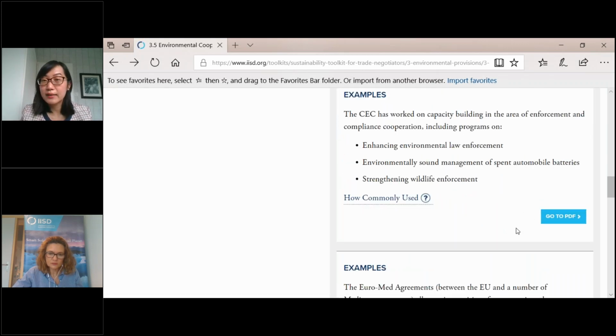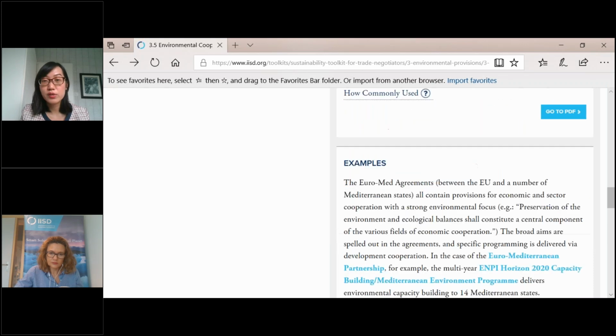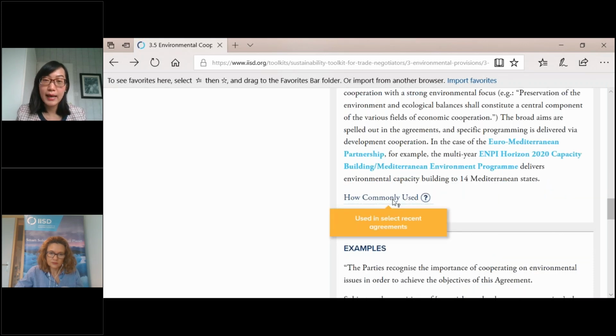If you want to go directly to the original text, you can click the button here, which will direct you directly to the original text. We also add a small comment bar here, to explain how commonly this kind of option has been used. Is it commonly used, or is it just a new approach that has been used only in select recent agreements?